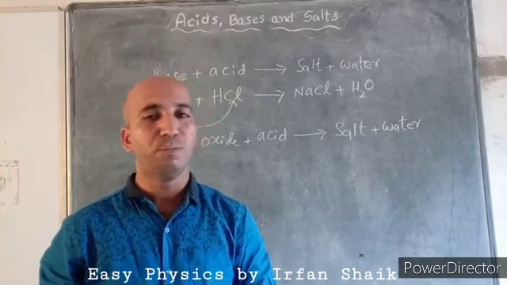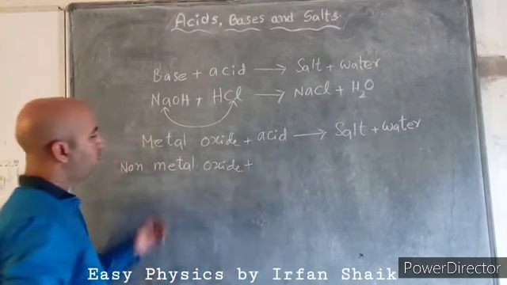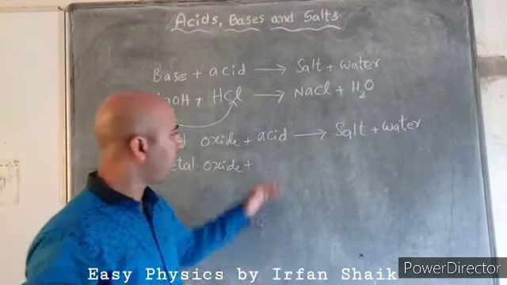Same like that, if we take a non-metallic oxide, how will it be? When a non-metallic oxide is added to a base, same, salt and water will form here also.